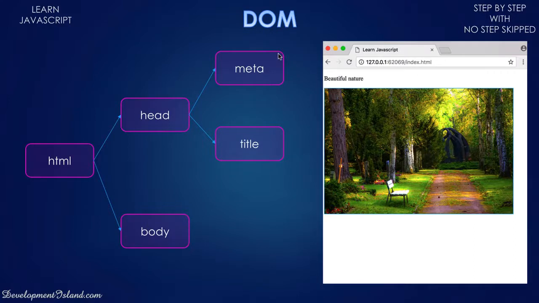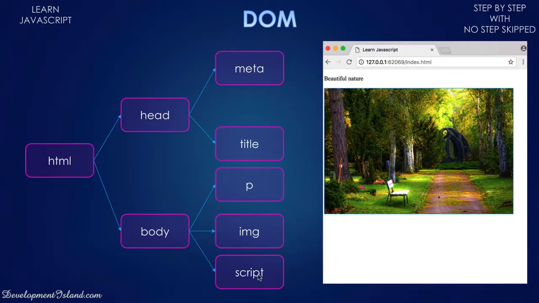The meta elements usually just include information about the web page, which can be used by search engines and so on. And in the body, you'll find all the visible elements like this paragraph, that image, and also any scripts that you may have. Usually JavaScript is going to go right there. Sometimes you'll find scripts in the head element, but usually they go at the end of the body element.